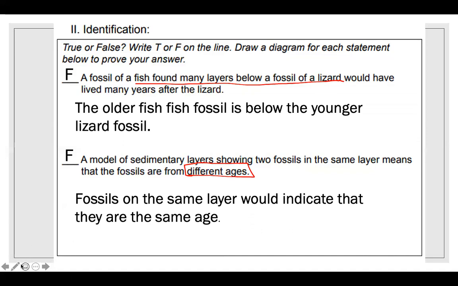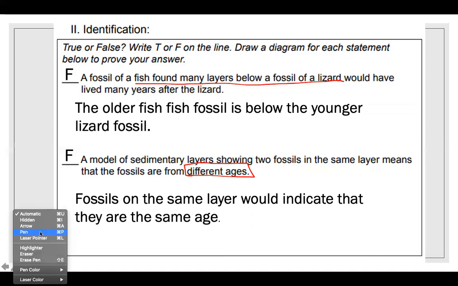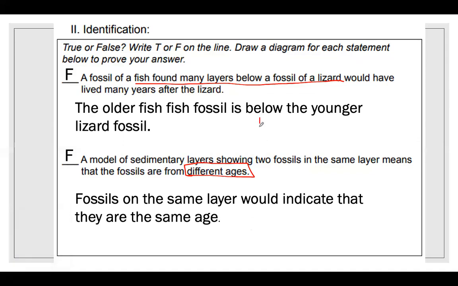Okay. And if we were to draw this one, we would have this top layer, and then we would have this bottom layer, and then this would be the lizard. And then this would be the fish. And then that would show us that this layer is older than this layer.